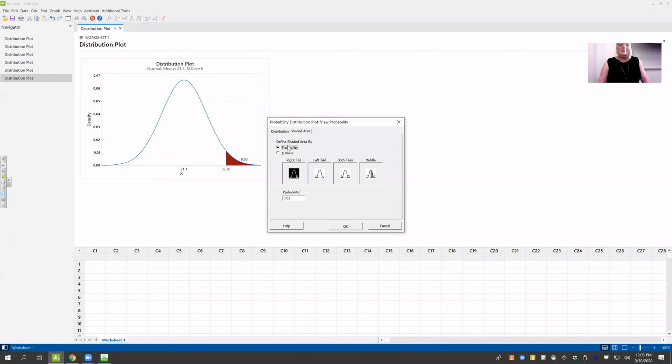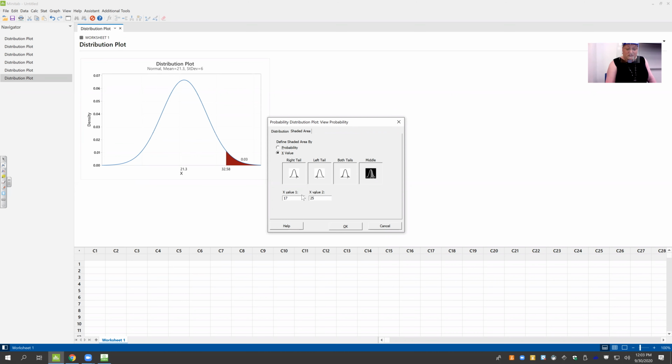Should we do it by probability or X value? This is the X value, okay? So I'm going to make a little note here that we're going to use X value because we're looking for the percentage. And should we do right tail, left tail, both tails, or middle? This is middle because you're doing the between.